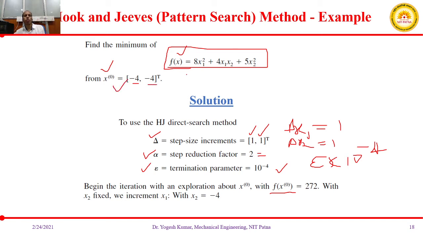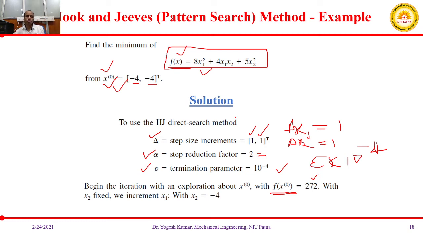So we will simply put these values: 8 into -4 square plus 4 into -4 into -4 plus 5 into -4 square. If we calculate this, it comes to around 272. Those who have a calculator may also cross check. So this value we get is f(x0), corresponding to the given starting point -4 comma -4. Now let us give some step increment.